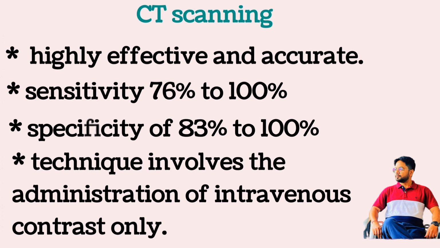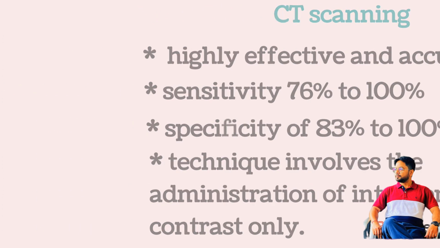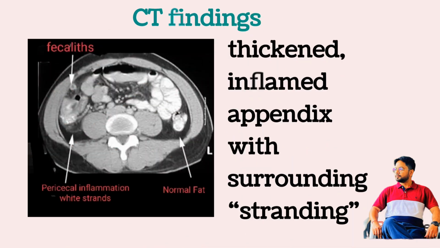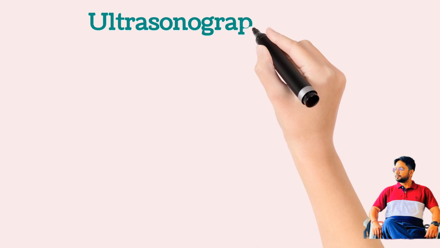The diagnosis of appendicitis on CT is based on the appearance of a thickened, inflamed appendix with surrounding stranding, indicative of inflammation. The appendix is typically more than 7 mm in diameter with a thickened, inflamed wall and mural enhancement or target sign. If appendicitis is strongly suspected on clinical grounds, based on supportive history or physical examination and laboratory findings, CT scan is usually not recommended.